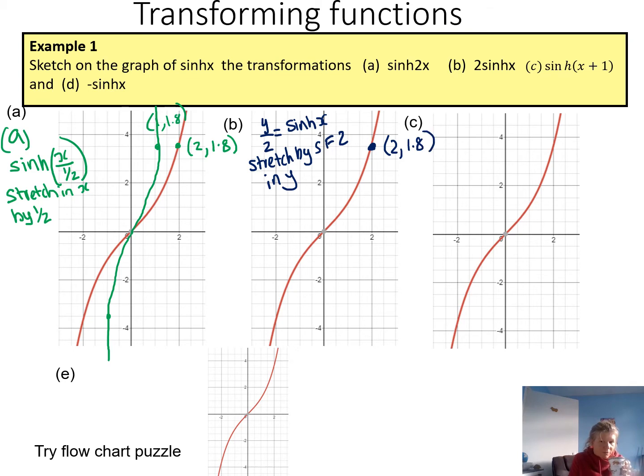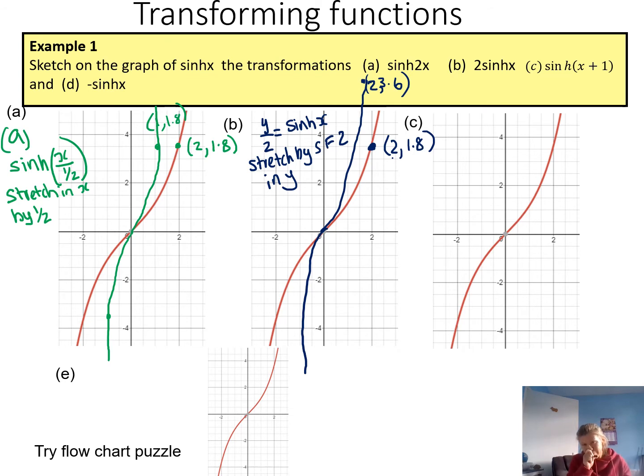Then stretching y by 2, it would still be 2, but double that, 3.6. So that goes to 2, 3.6, right up there. So it is again a stretch. This is the same sort of curve, similar to the last one, really.